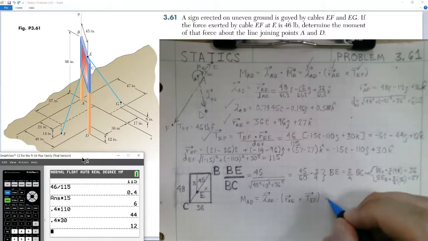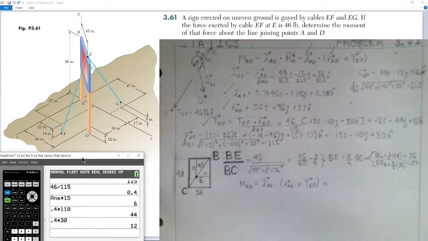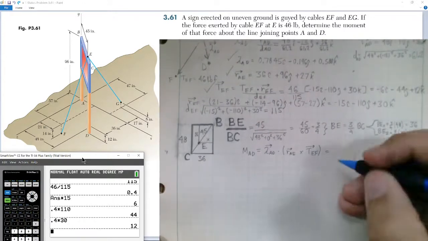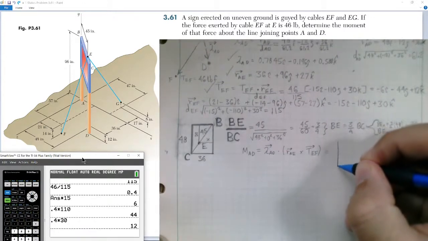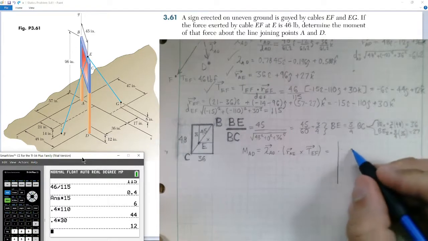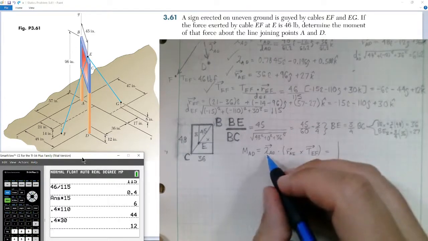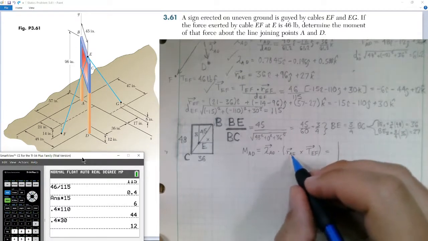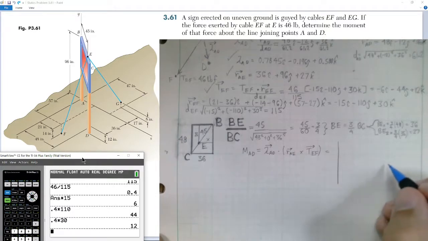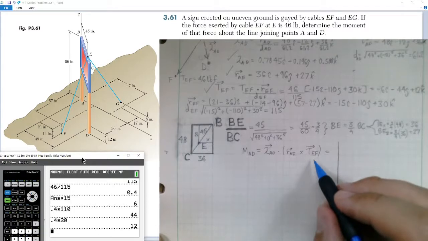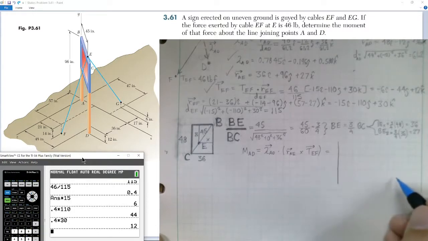Alright, so when we set this up, I'll draw this out symbolically. We would have the i component for the unit vector, the components of the position A to E, and we have the tension vector in the bottom row.